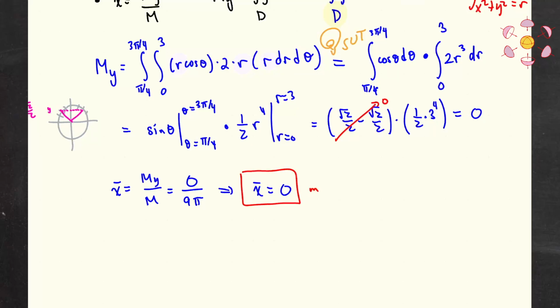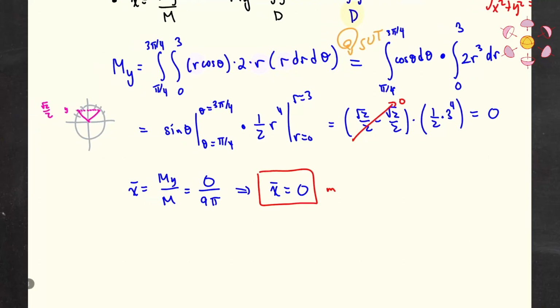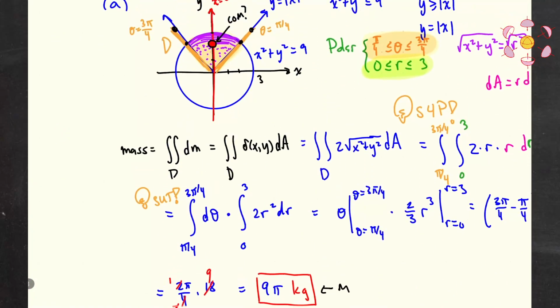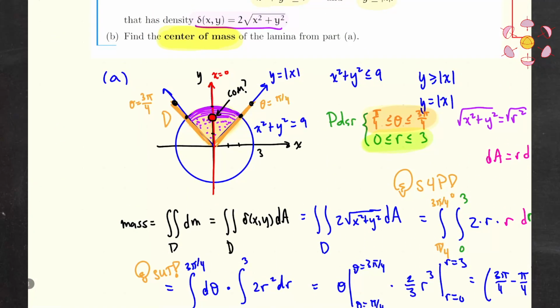Since I said we should use SI units, I've got the little m for meters on the outside. Okay, good. Let's take a look at our picture. Does that agree with our intuition? Is the x coordinate of the center of mass at x equals 0? Looks like it. So far so good. This agrees with our intuition.